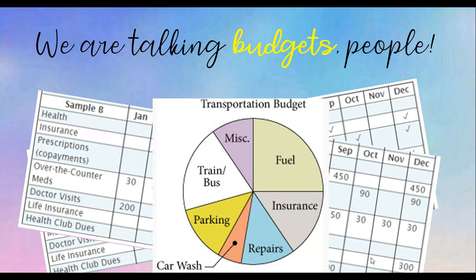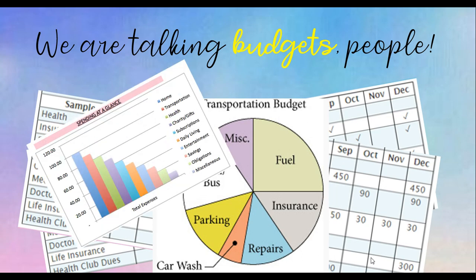Obviously, looking at this, you can see that a little bit over 50% of the budget for this individual is fuel, insurance, and repairs. You can make different inferences based on this information. This is how a lot of people start to categorize how much their budget goes to something, within the categories. It's a nice way to visually see how much you're spending in each particular category.